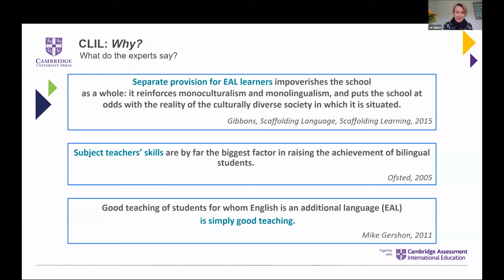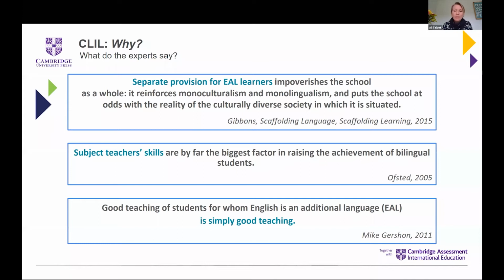So that means, and I'm not one to do myself out of a job or my lovely team out of a job, that actually what I do in the classroom with EAL learners is not as important as what the subject teachers are doing in their lessons. So we need to upskill them. If we keep withdrawing these students, actually we are de-skilling them. We're not helping them to support, not even to cope with the EAL learners in their classroom.